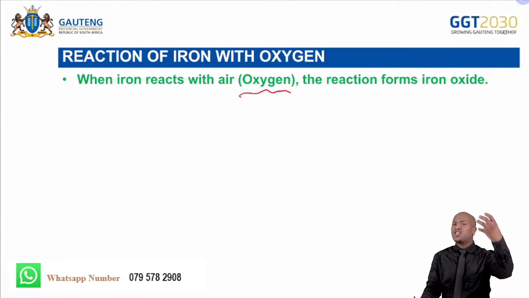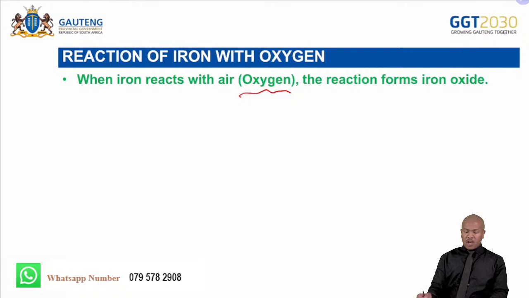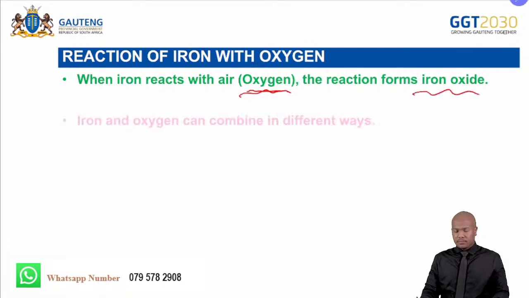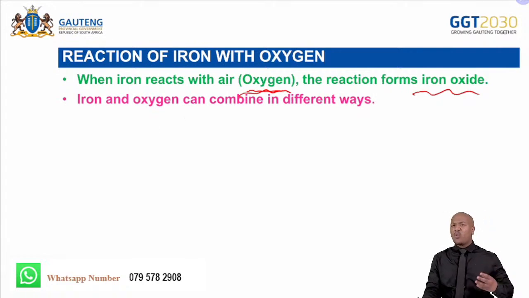And air is a mixture of other gases, right? Like your carbon dioxide, your argon, and so on, right? So now, particularly, we're talking about oxygen here. When it reacts with the iron, an iron oxide is formed. So iron and oxygen can combine in different ways as well.